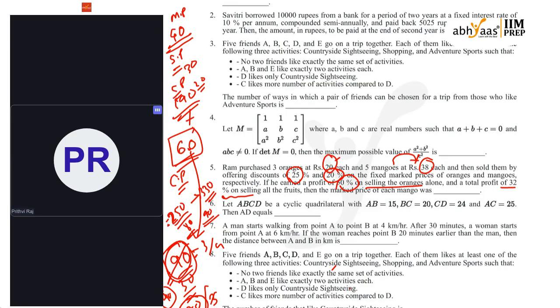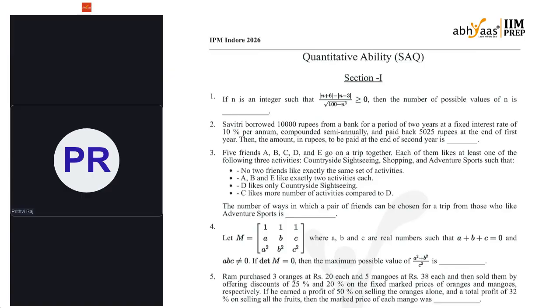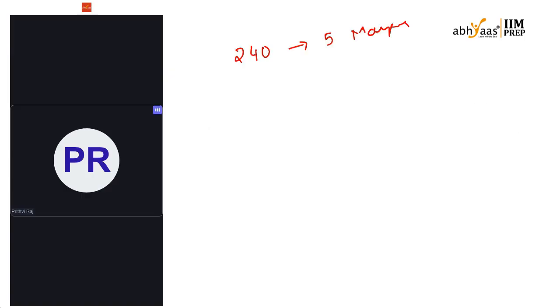Okay. Let me do it on this one board. 240 is coming from 5 mangoes, isn't it? Let's check. Yes, 5 mangoes. That means each mango costs 48 rupees. But what are they asking? They are asking the market price.